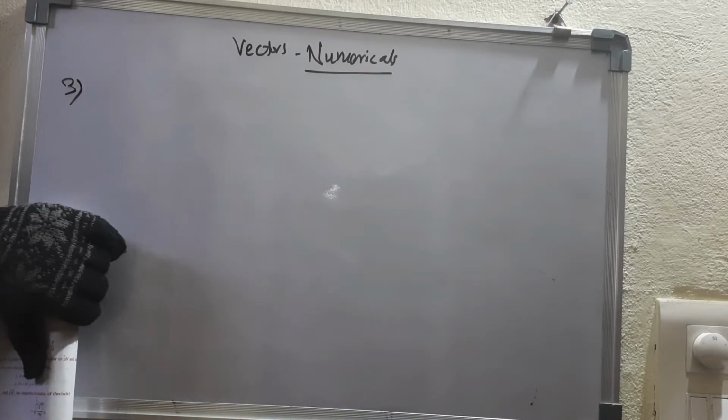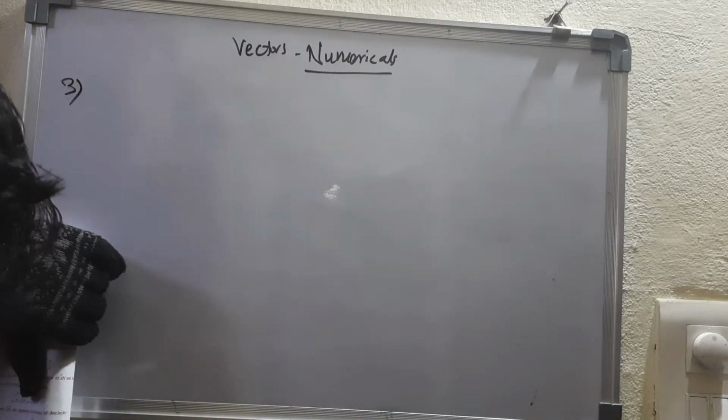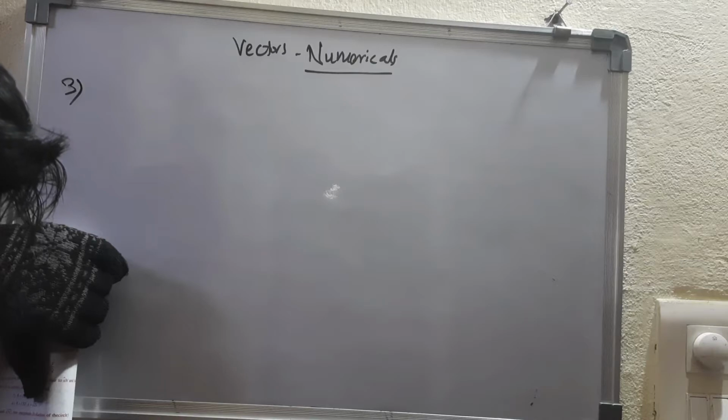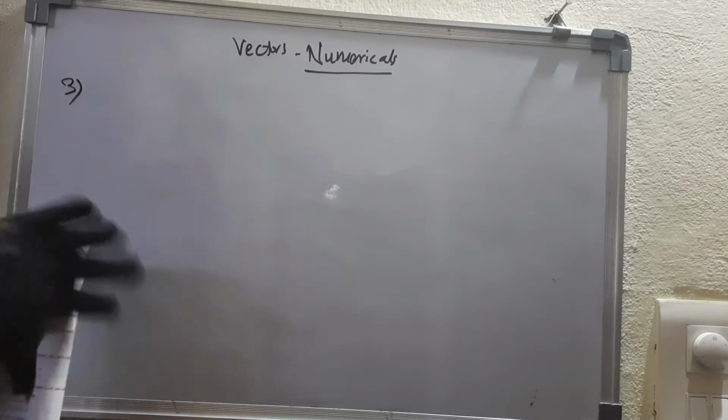The angle between the vectors is? So what does it say? The square of the resultant of two vectors 4N and 3N exceeds the square of the resultant of forces by 12N.